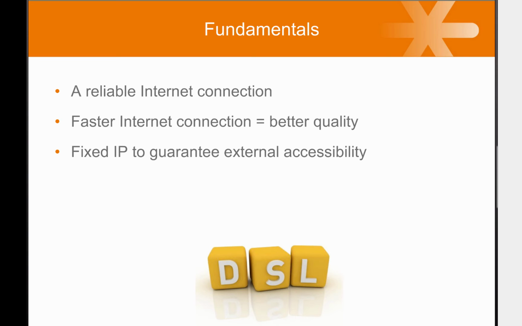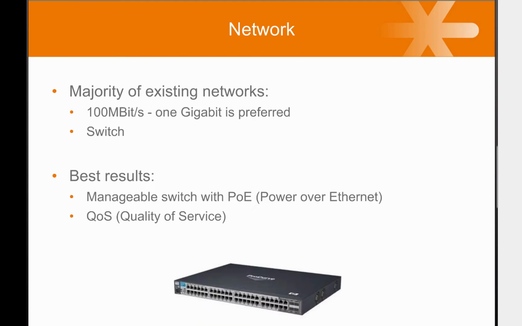And of course, you should take care that you have a fixed IP so you can guarantee external accessibility. Again, I already brought the example of a remote worker who is connected to your phone system. You can try to build this with dynamic DNS, but we recommend that you should have a fixed IP so your phone system can easily be reached from everywhere by your users.